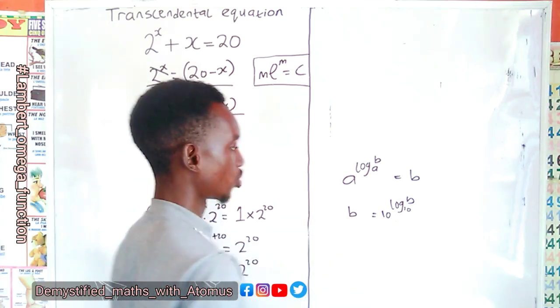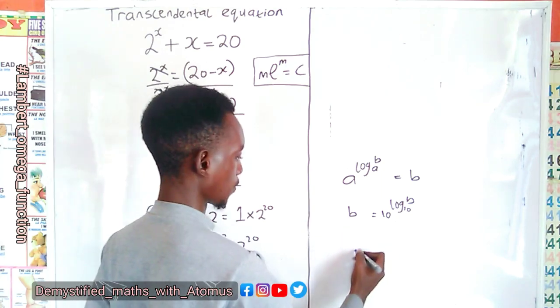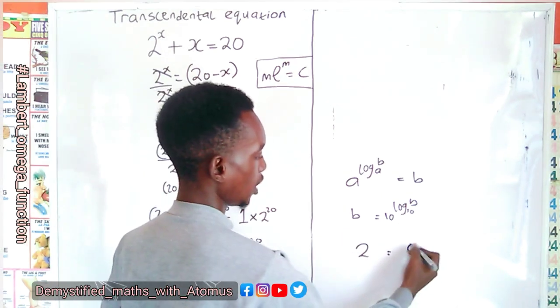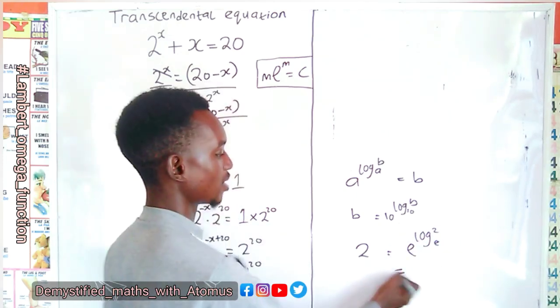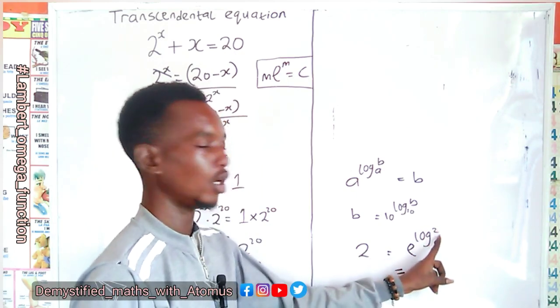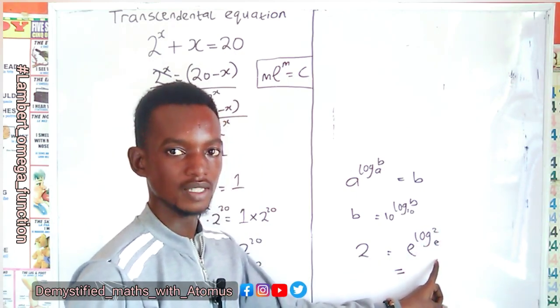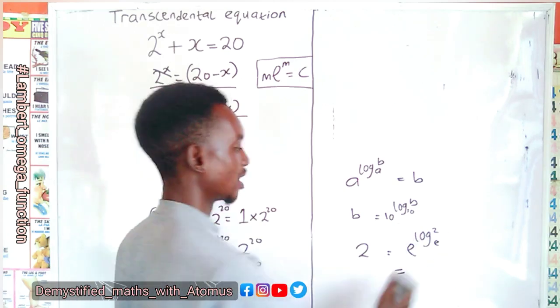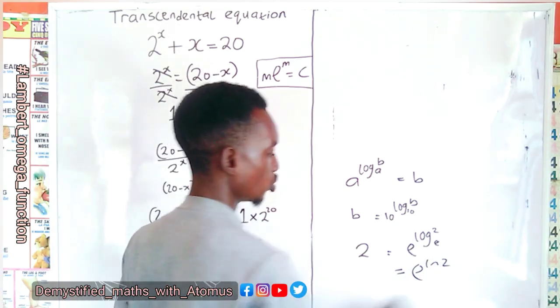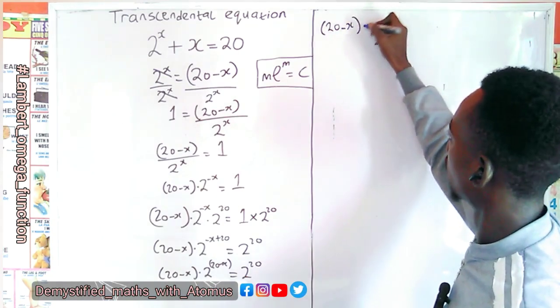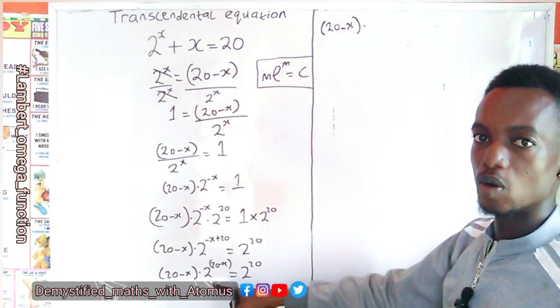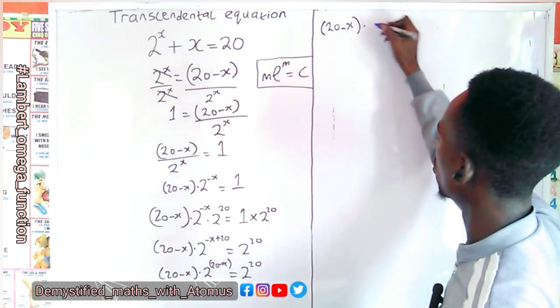Now if we extend this rule, we can say 2 equals e raised to the power log 2 base e. And in mathematics, whenever we have log of a number and e is the base, you don't write it like this. We write it like ln 2. Let's continue. (20 minus x) times, instead of writing 2 now, we'll write e raised to power ln 2.